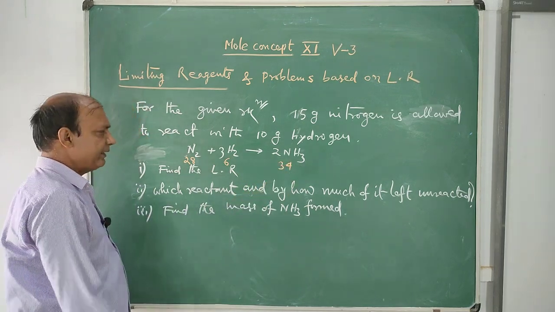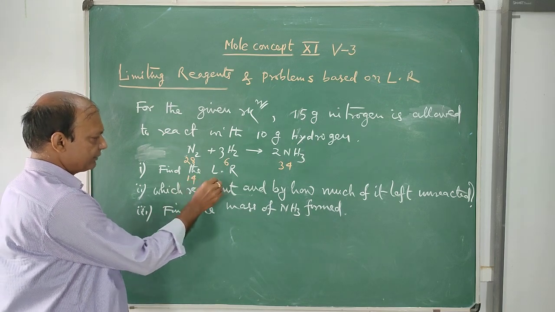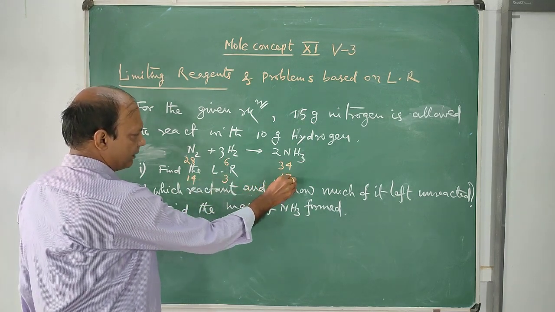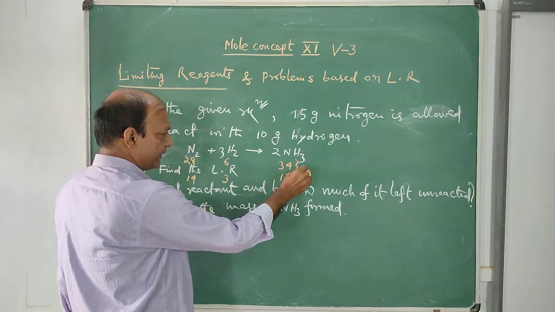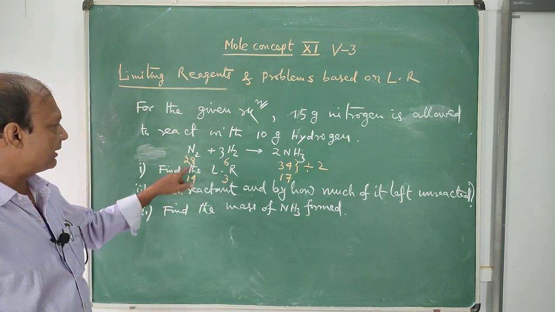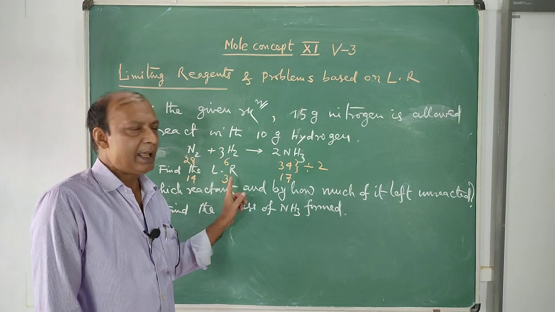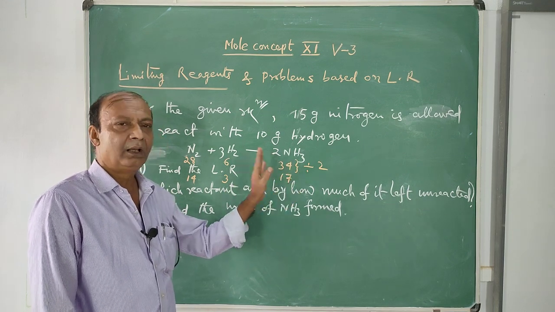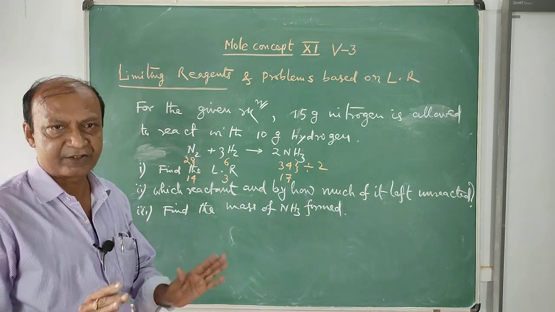You can simplify it by dividing by 2, it will be 14, 3, 17. This means in the reaction 14 gram nitrogen will be consumed when 3 gram hydrogen is consumed, and at the same time 17 gram ammonia would be formed. This is the exact reaction mass ratio.